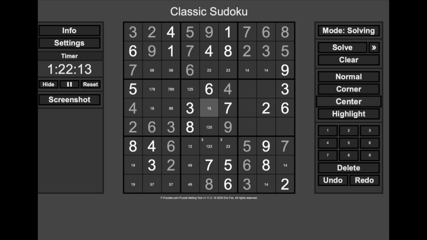No, it's not 2. This is 1 or 4. This is 1 or 4.